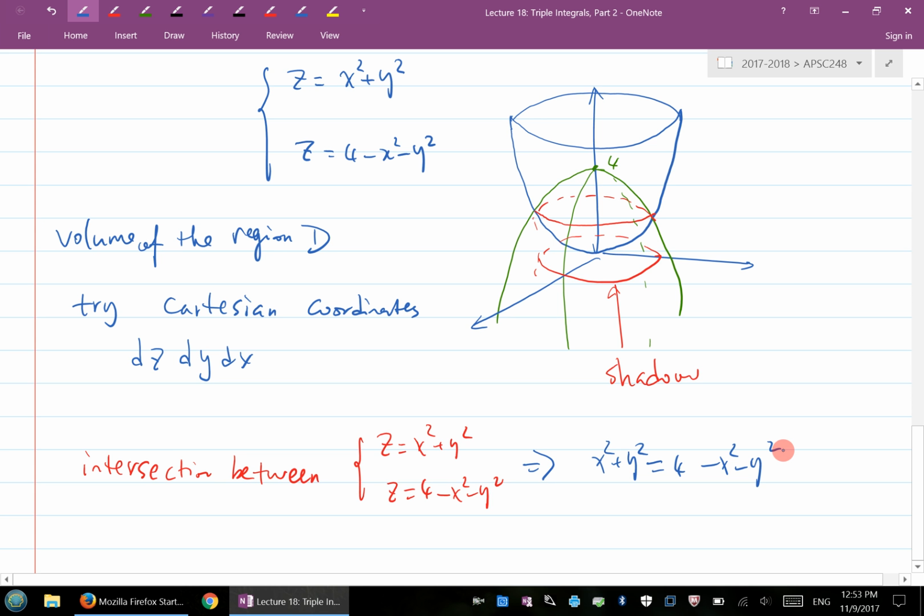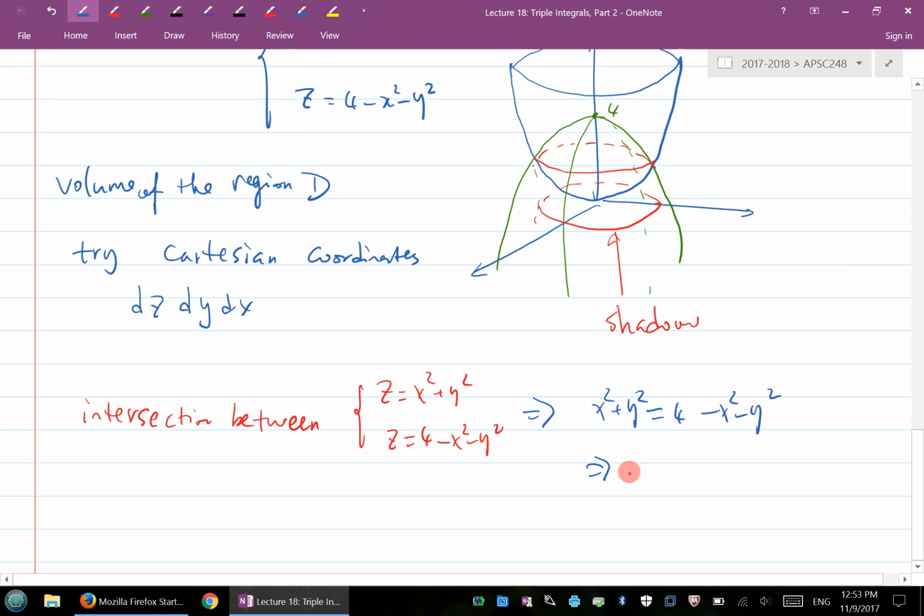You get this equation here, and with a little bit of simplification you end up with x squared plus y squared equals 2. That's the circle, with a radius of root 2. Good, now we have our shadow, and we can go ahead and find the limits for z, for y, for x.